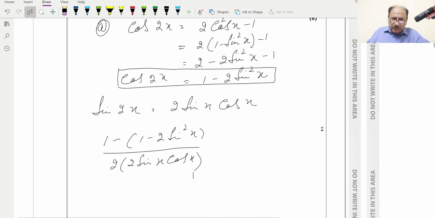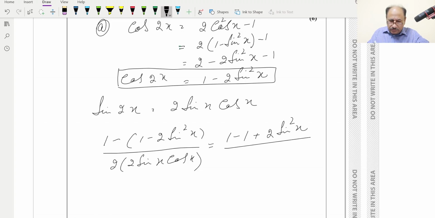Now we can rewrite, open the brackets, and we will get 1 minus 1 plus 2 sine square x over 4 sine x cos x. We have opened this bracket also.